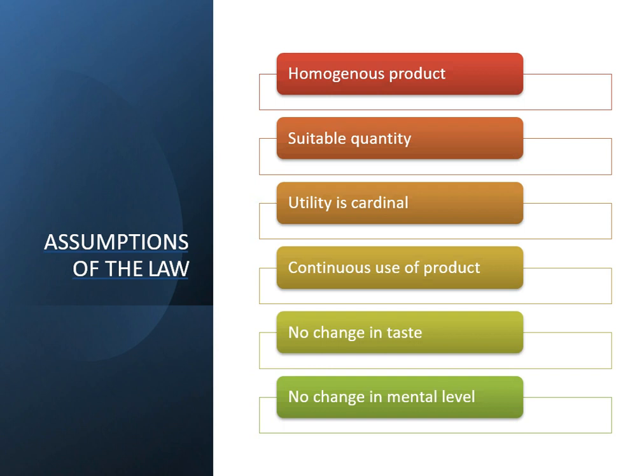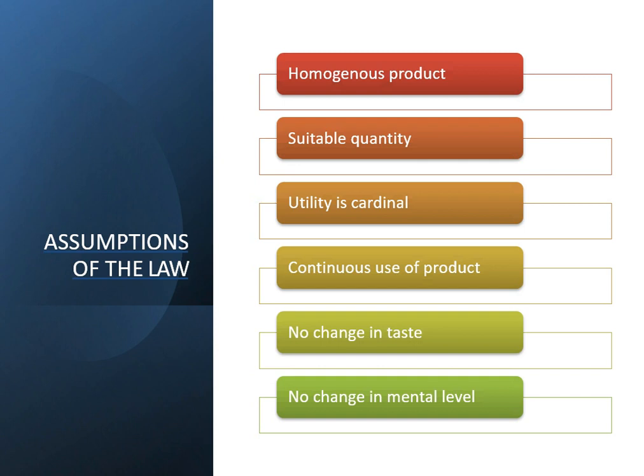The fourth assumption, which is the most important assumption, is continuous use of the product. We have to use the product continuously. If we are using one glass in the morning, then a second glass in the evening and a fourth glass at night, then the glass which we used in the morning has its own advantage, the glass which we used in the daytime has its own advantage, and the glass which we used in the evening has its own advantage.